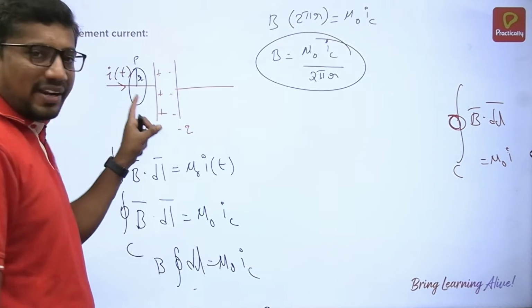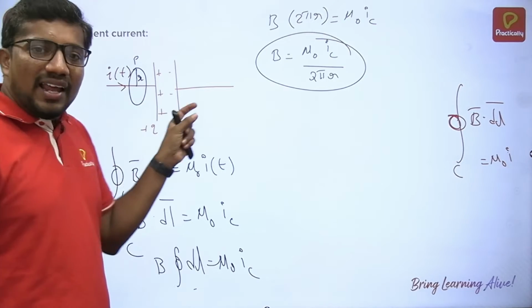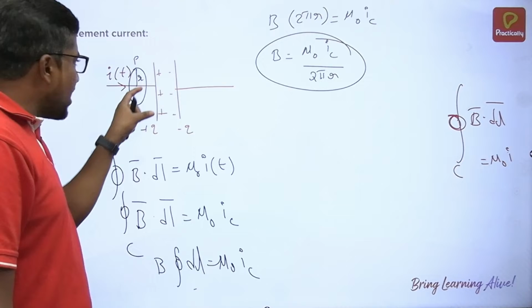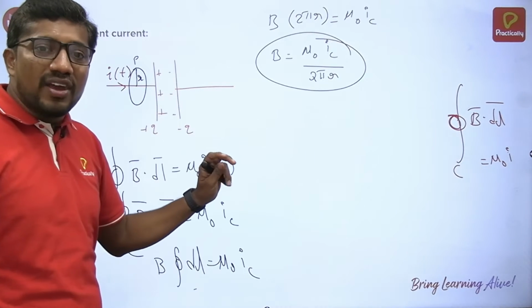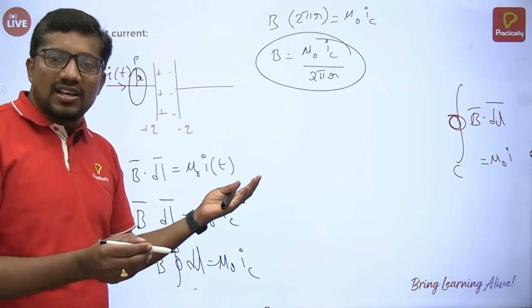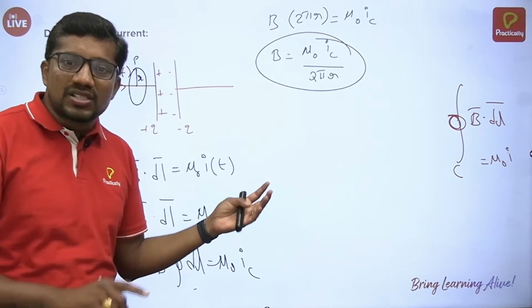Okay, now I am taking another surface which has the same circumference. The surface shape may be different, like a pot, or a balloon, or a tiffin box without a lid.